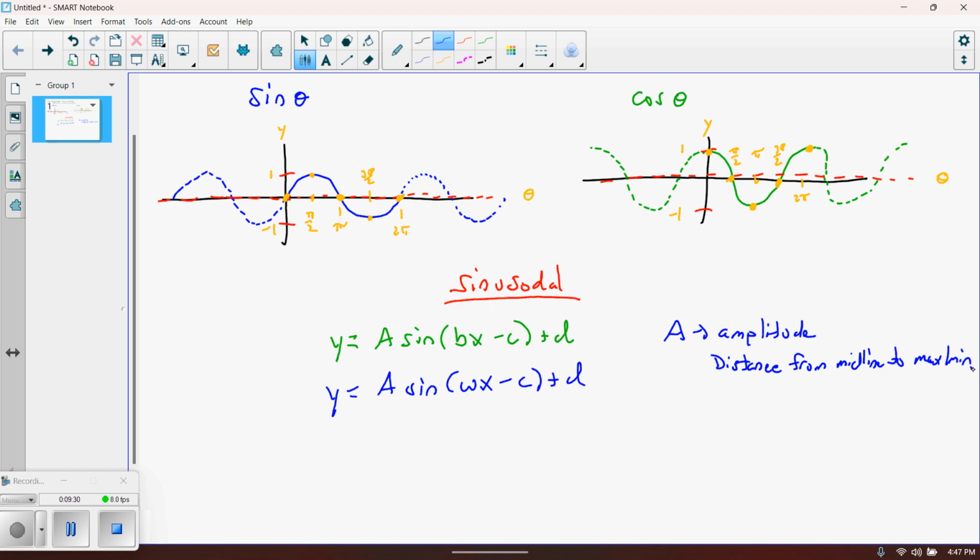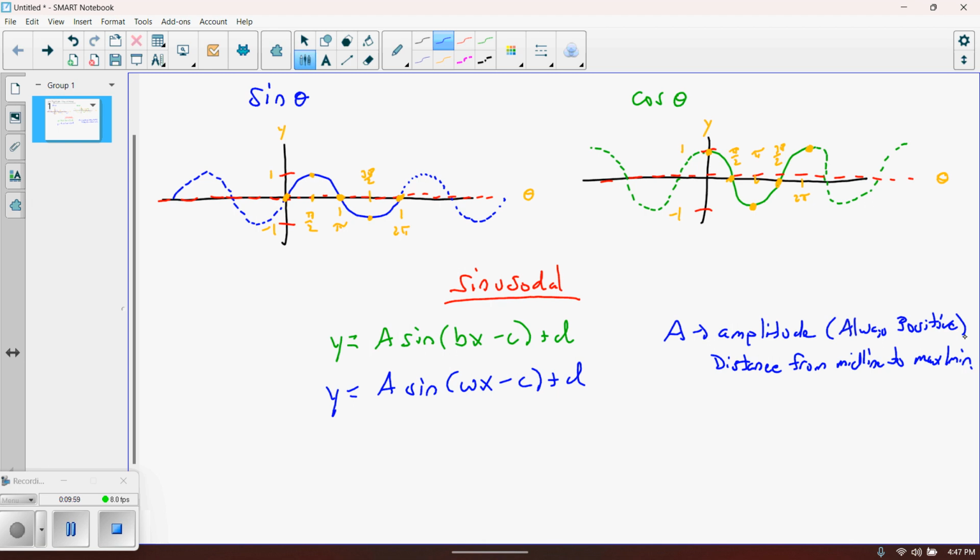And it is a distance, which means that it is going to actually always be positive. I don't care if there's a negative out in front or not. The amplitude will always be positive. We'll explain what actually happens if there's a negative out in front when we get to that.